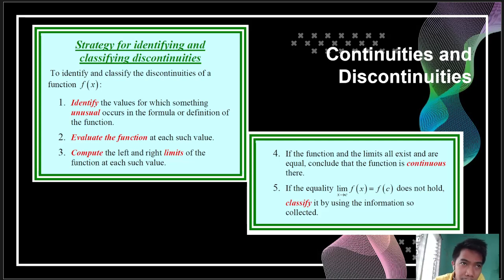When it is a radical function that involves roots, something unusual occurs when the function becomes imaginary. When it involves transcendental functions, there are existing properties for them.